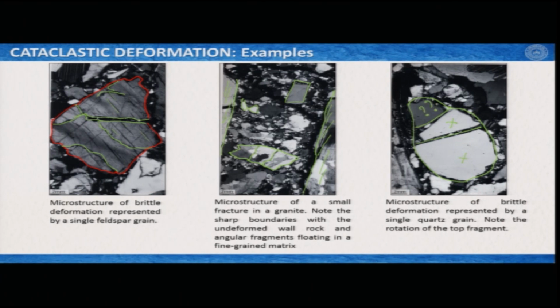You can ask how you say that this is a single grain. This can happen: even a single grain after fracturing may show a different color, at least in this case the shades, and this is because the grains may have rotated. Therefore, within a single grain you see a different color because it has rotated, its orientation got changed, and we see a different color. You must have learned this in your optical mineralogy lectures.